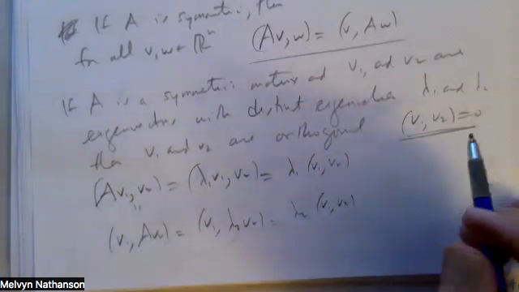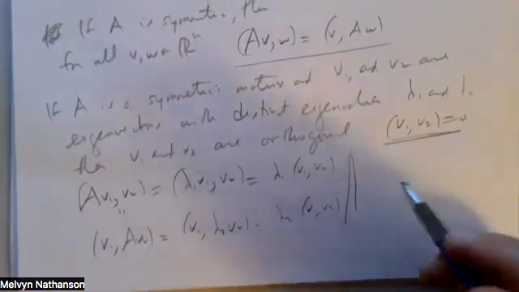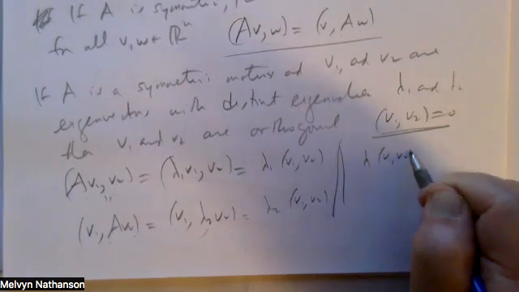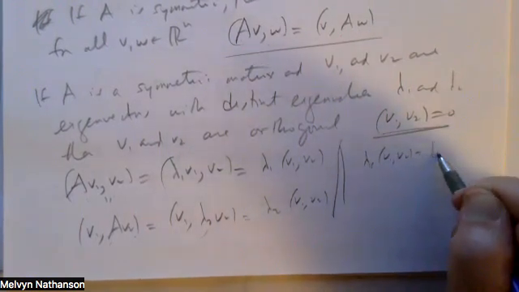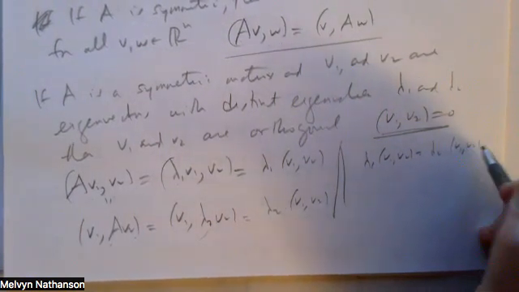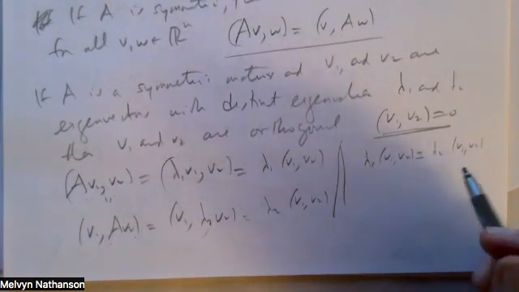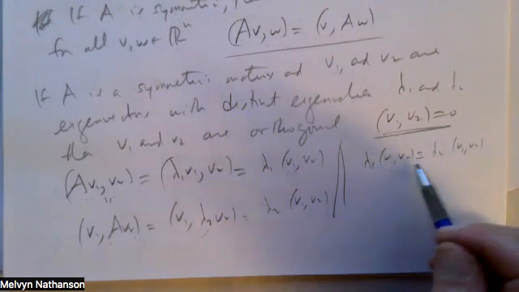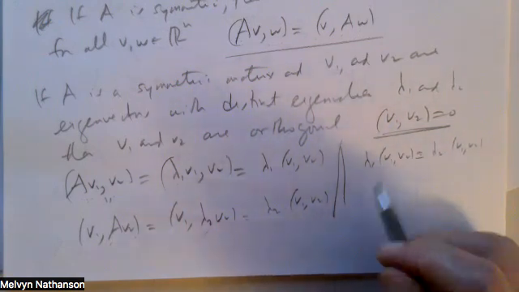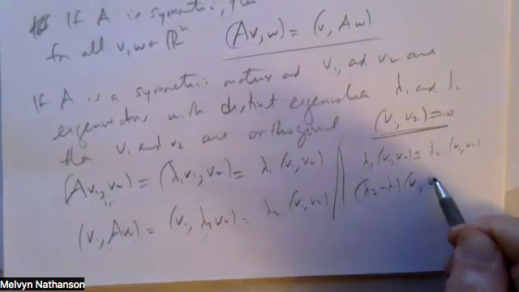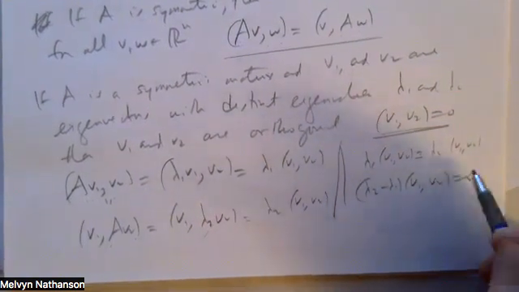So this equals this. Let me write it down. Lambda 1 times the inner product of V1 and V2 equals lambda 2 times the inner product of V1 and V2. So two things are equal. When you subtract, you get 0. If I take this minus this, I get (lambda 2 minus lambda 1) times the inner product of V1 and V2 equals 0.